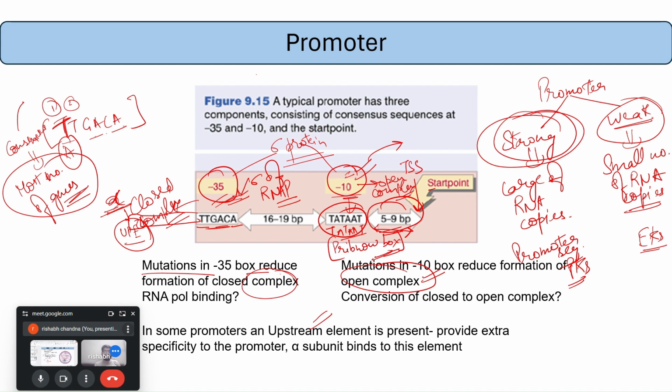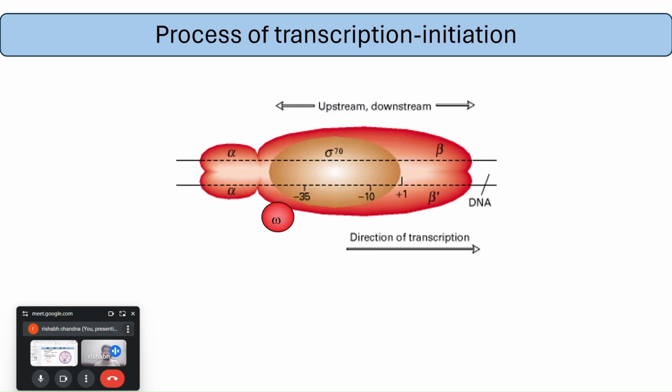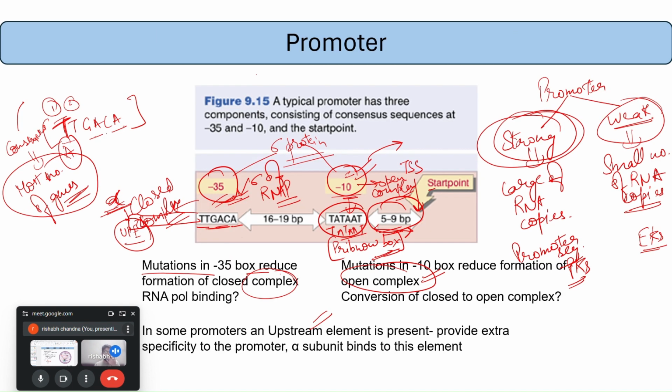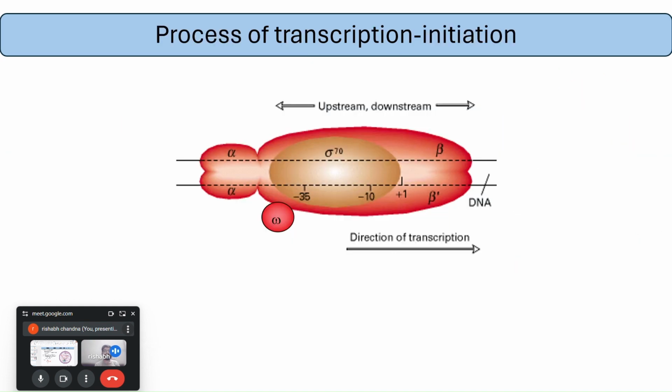Moving on to the process of transcription in detail, we'll be starting with the initiation, that is the promoter recognition. As we have seen, this is the minus 35 box, this is the minus 10 box, and this is the transcription start site plus 1.